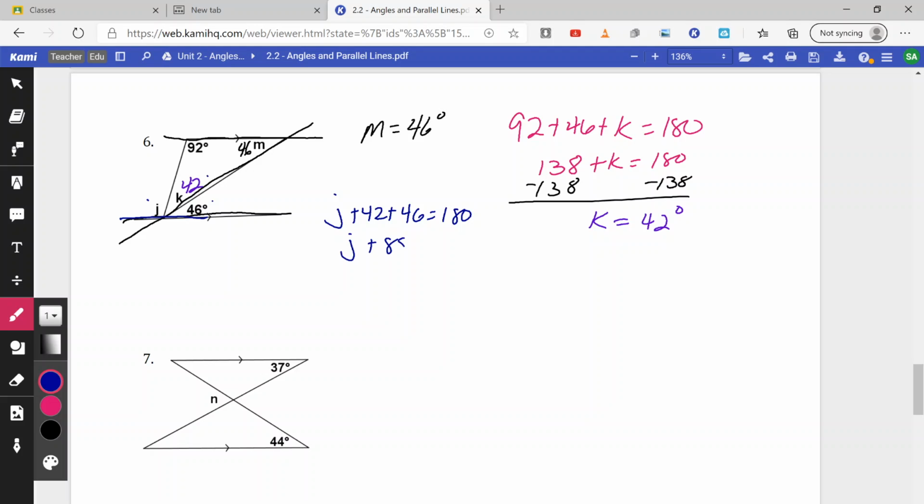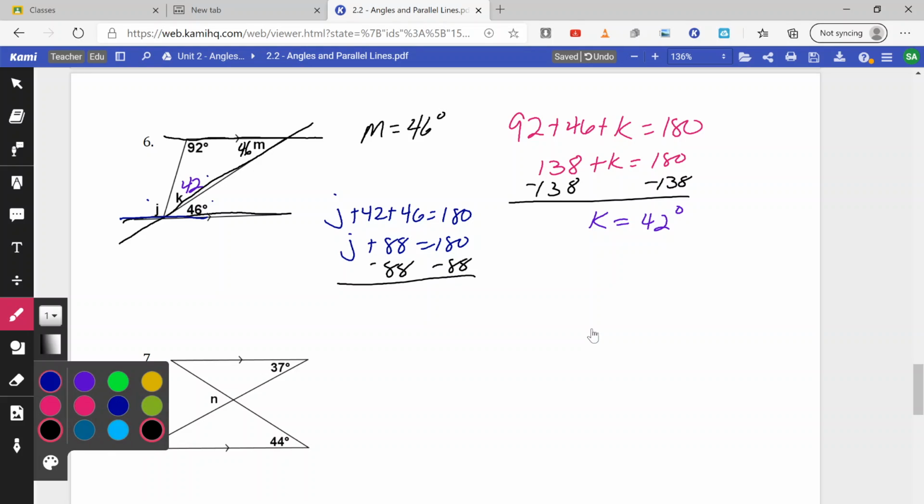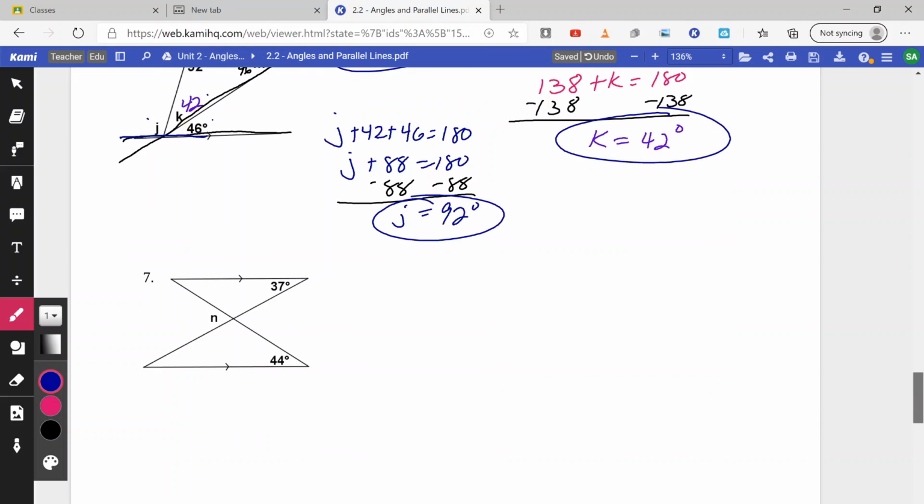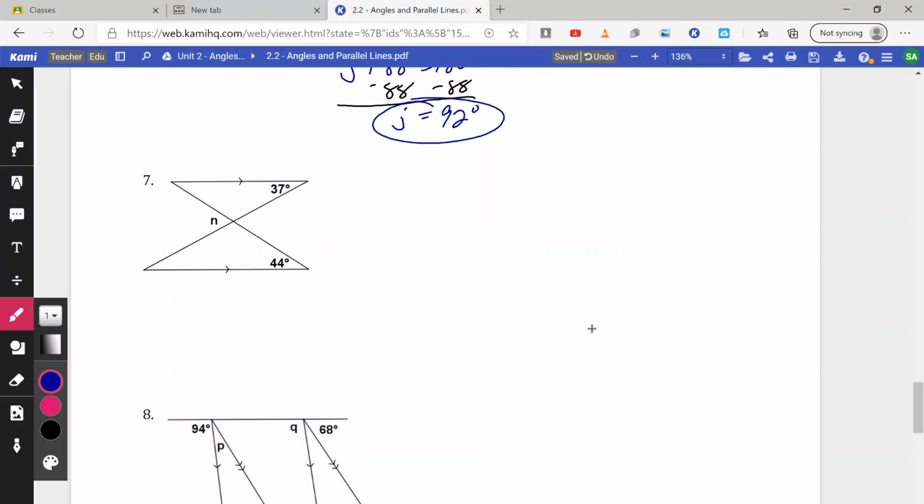J plus 88 is 180. If I subtract 88, I get 92. So J equals 92 degrees. So we found our three angles, 92, 42, and 46 degrees, using previously learned vocabulary terms.